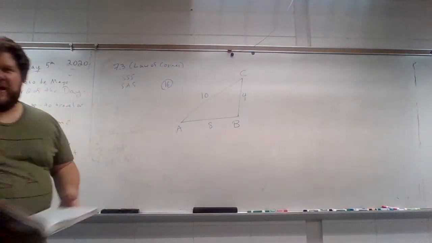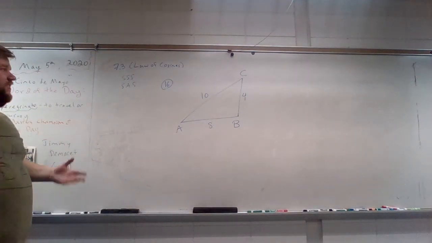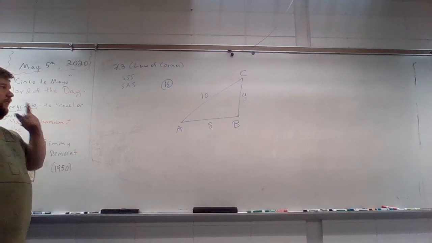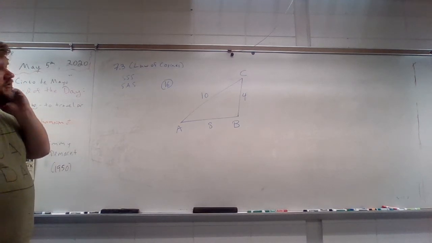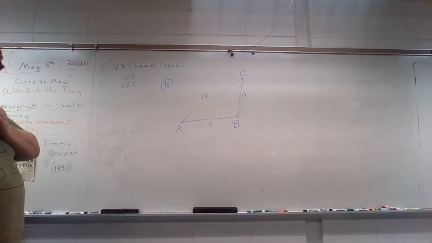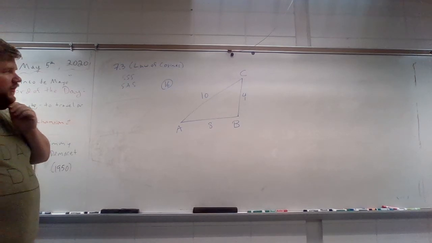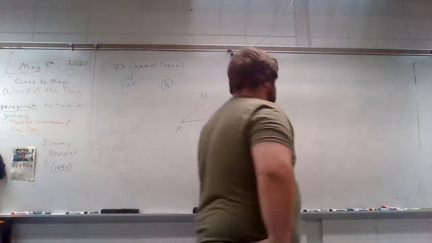Okay, so I don't have any of the three angles. You see, I'm missing angle A, I'm missing angle B, I'm missing angle C. It doesn't matter which one I find first. Honestly, if you want, and I think I'll let you verify, this would be a good one to let you verify this on.